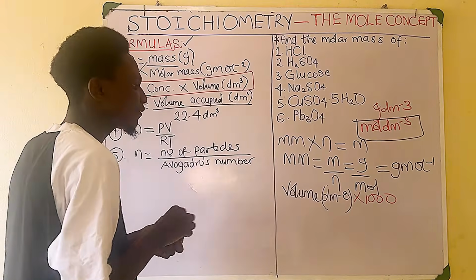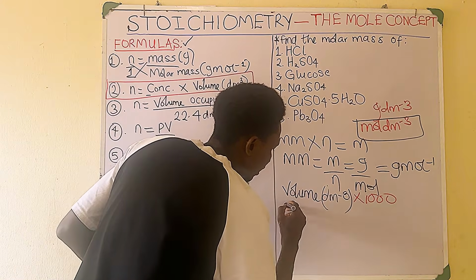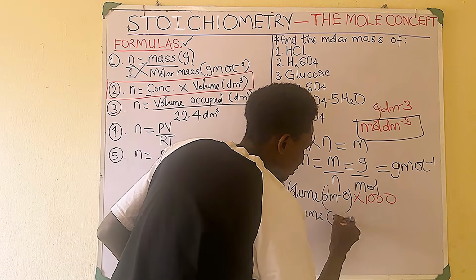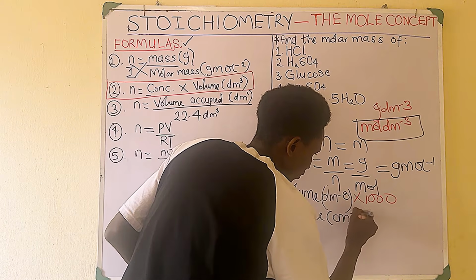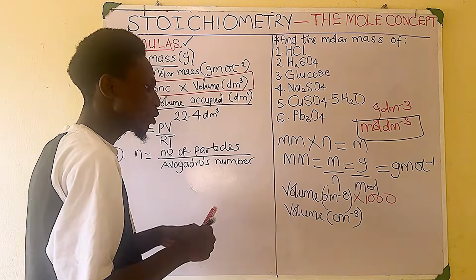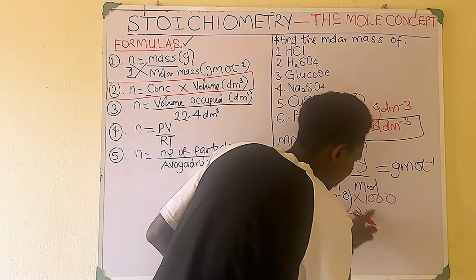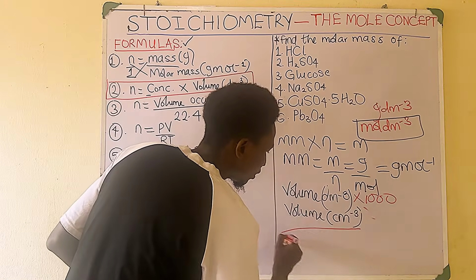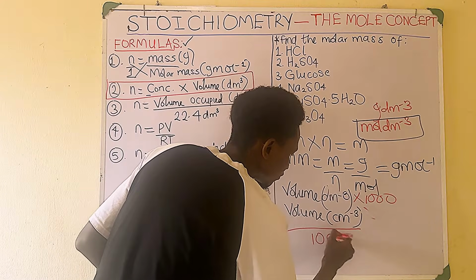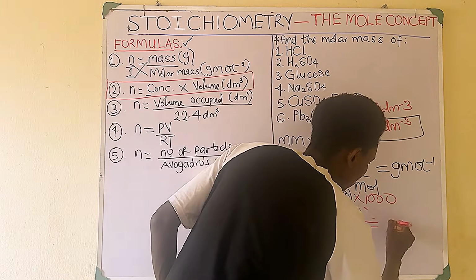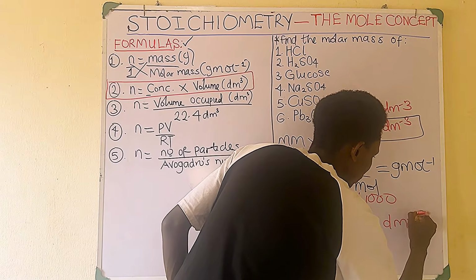But if you have it in cm cube, please jot down this thing. If you have it in cm cube and you want to convert to dm cube, what do you do? Just divide, rather, not multiply now, because we multiply when we're converting to cm cube. So this one will give you the volume in dm cube.